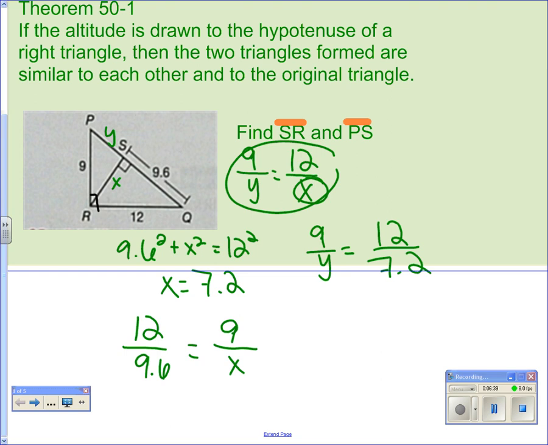What do you get for Y? Do y'all see how that works? Yeah. Any questions here? Any questions on this one? Okay.